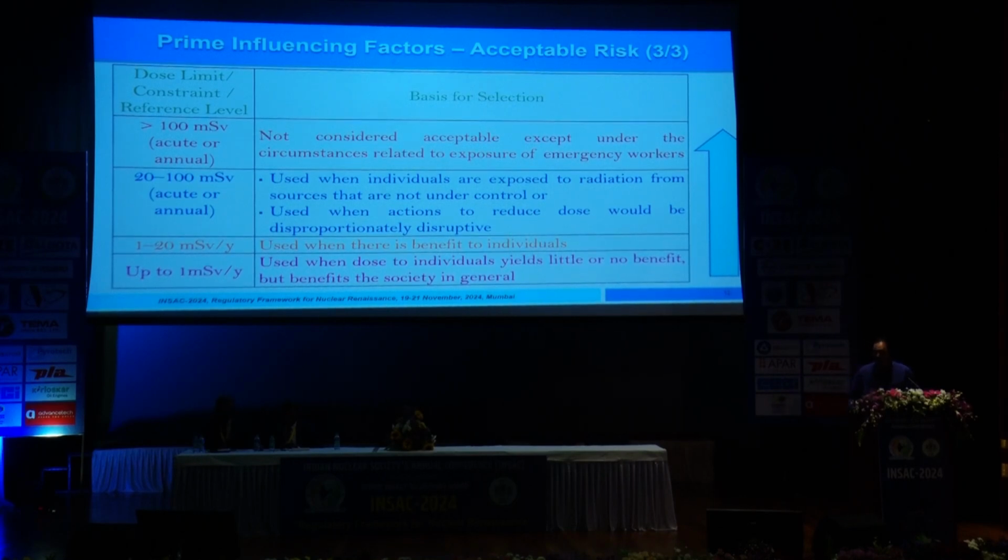These are very restrictive, and if at all there is a deviation from that, it constitutes a regulatory violation. But for emergency and existing exposure situations, reference levels are defined. These are a kind of benchmark which the utility has to follow, so that exposure above that is ideally not desirable and should be optimized under that only.